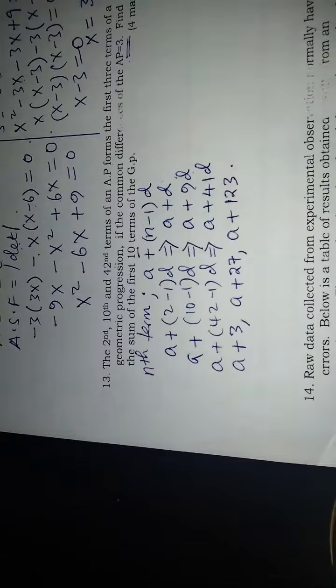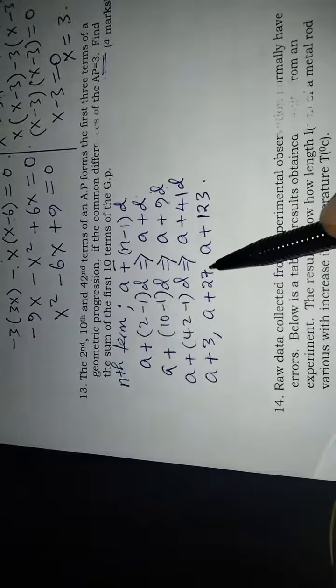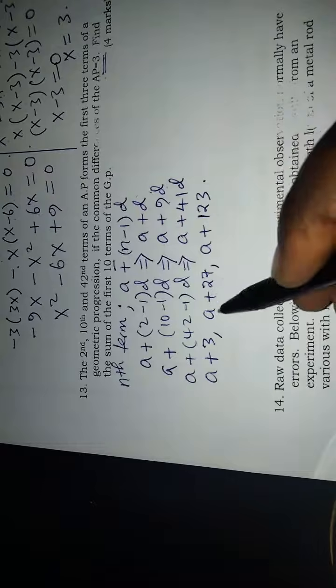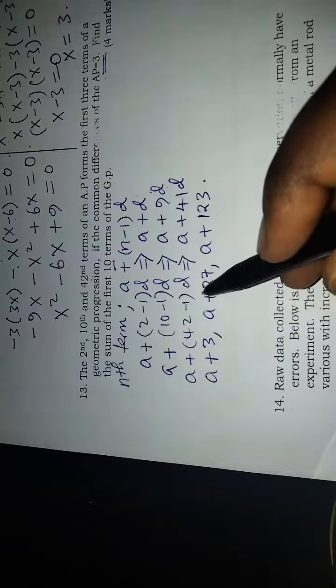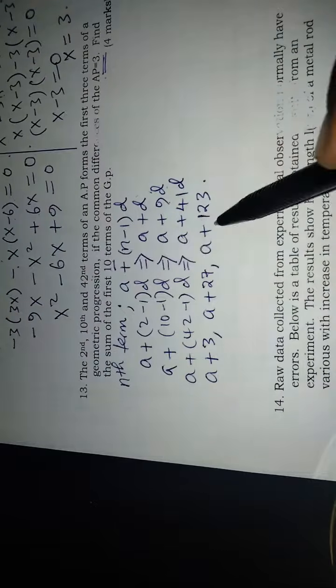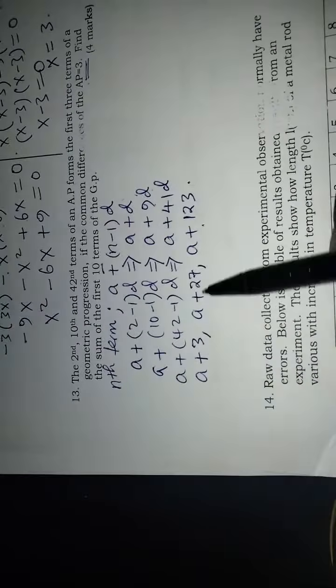And in a GP, there is what we call a common ratio. This means that the three terms give us a common ratio. The 10th term there becomes the second here, and the 42nd becomes the third, because they follow one another as the first, second, and third.